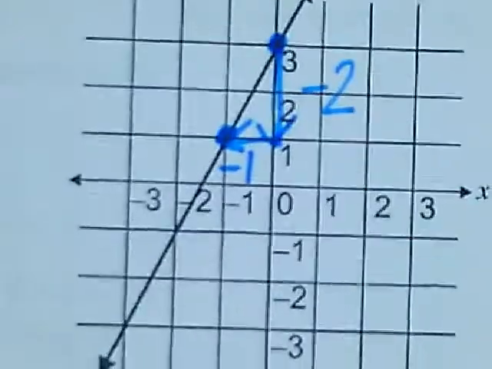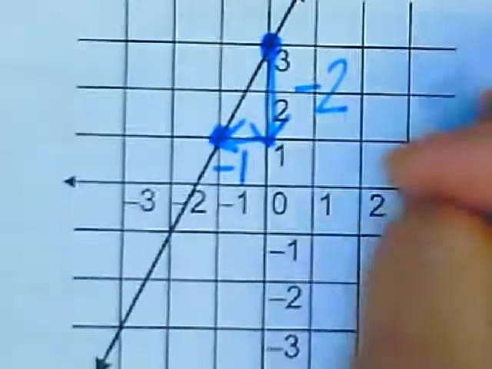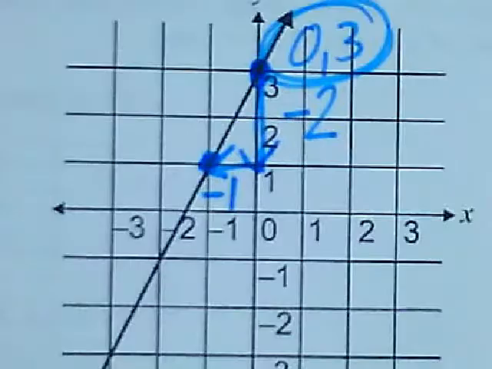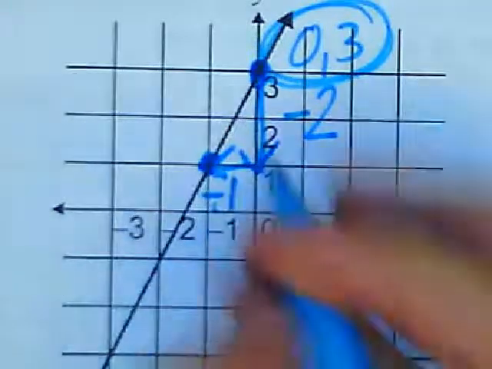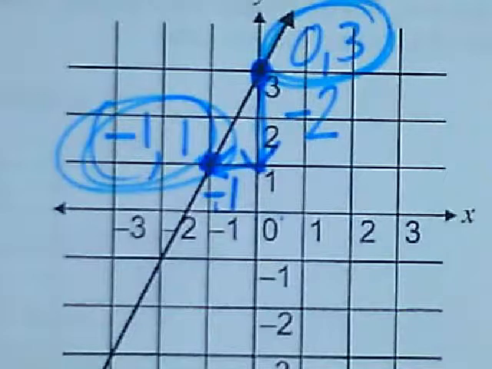Another way is to go to the calculator and enter these 2 points that I selected, or any 2 that are on the line. This one is 0, 3. And this one over here is -1, +1. Okay?